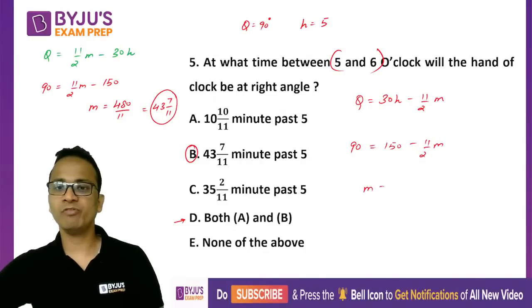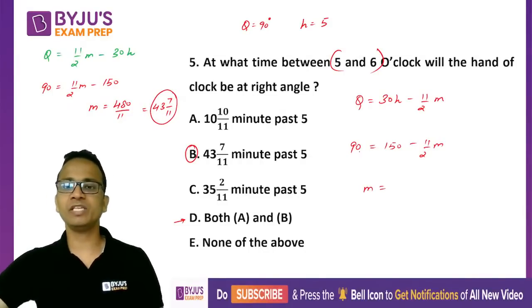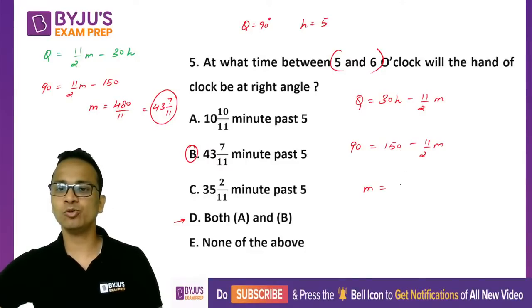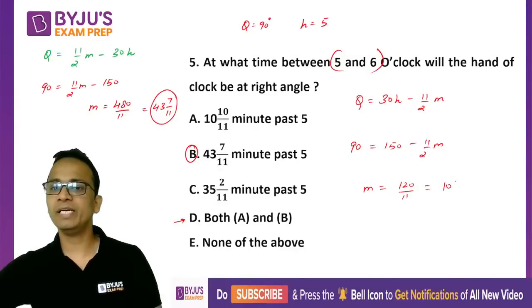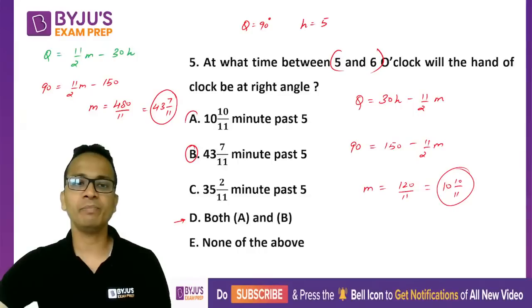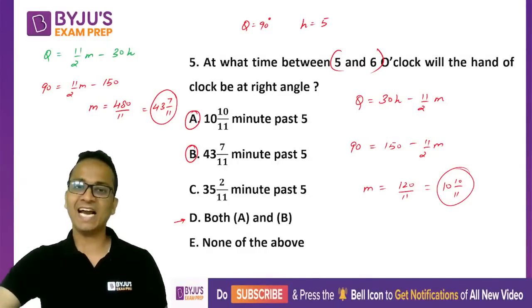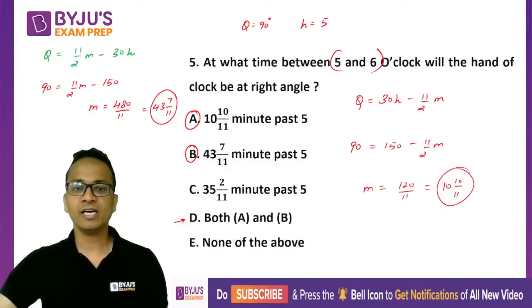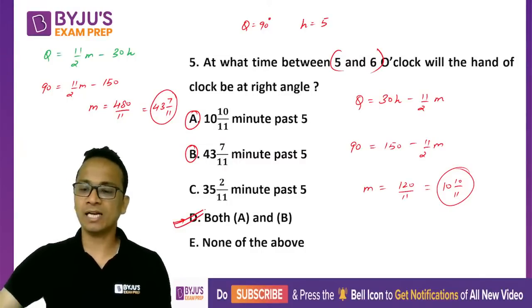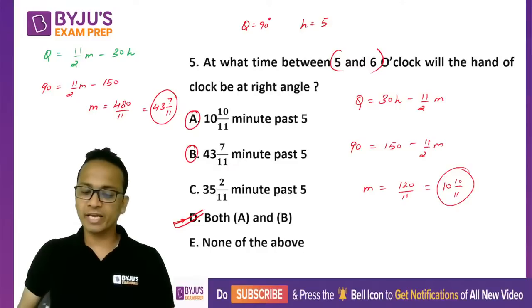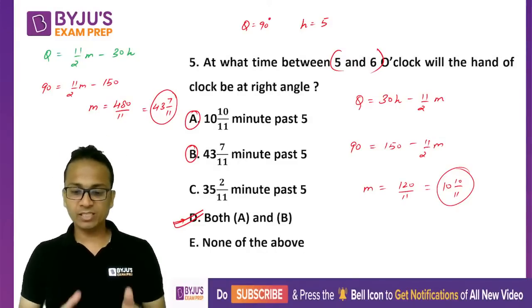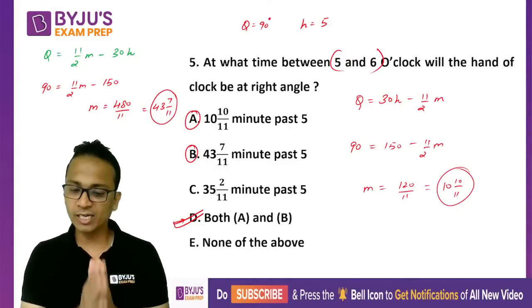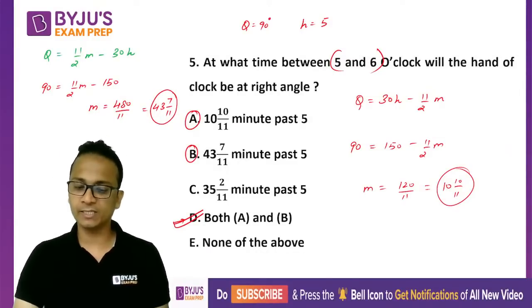So the value of m will be 150 minus 90, that is 60. 60 into 2, 120 upon 11, which in mixed fraction will be 10 10 by 11. So the second answer will be 10 10 by 11 minutes past 5 o'clock. So we can say that both option A and B are correct, and hence we'll mark our answer as option D, which says both A and B. Okay, so yes, both A and B, that is option D, is absolutely correct in this case.